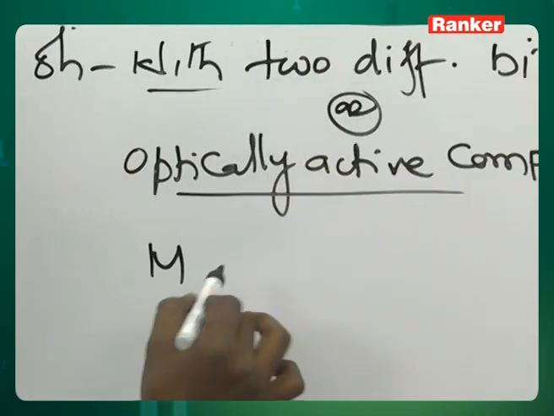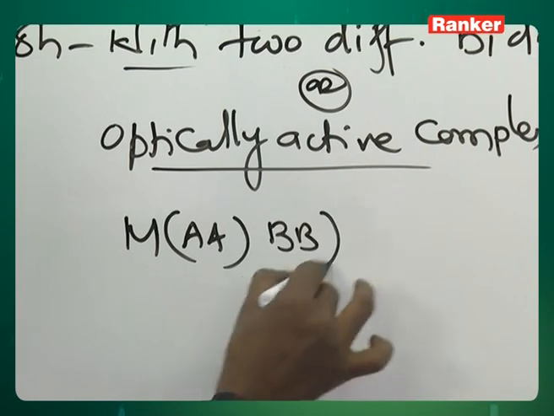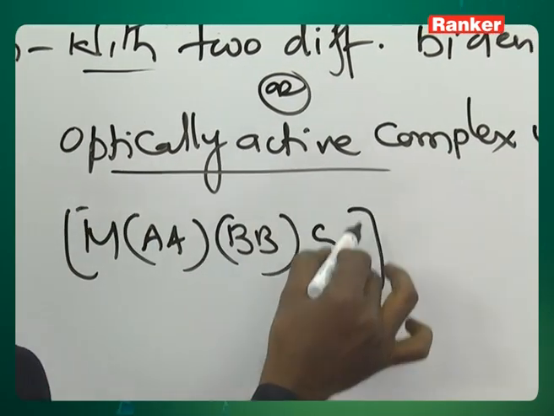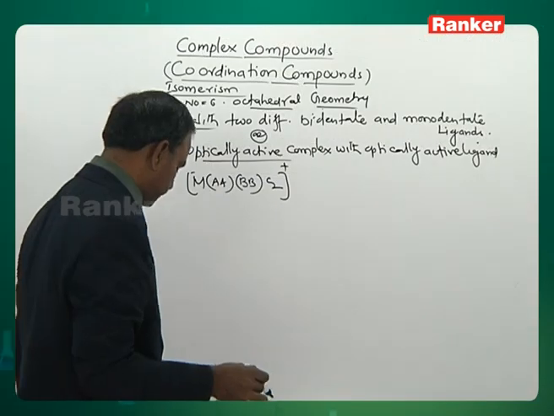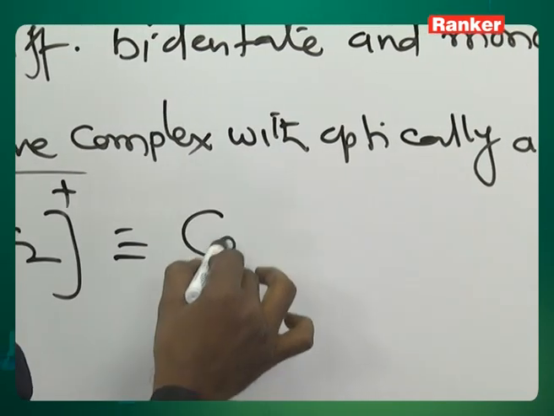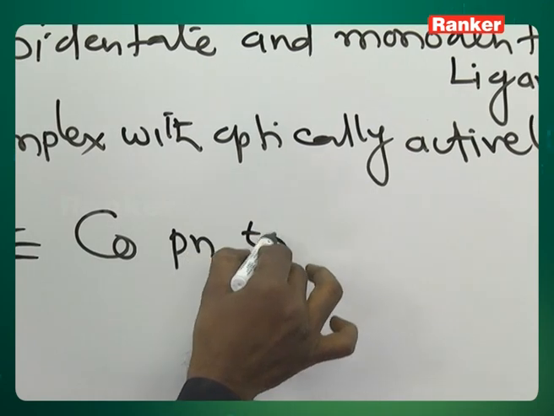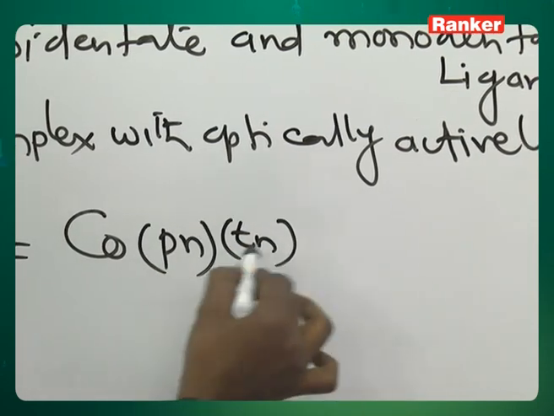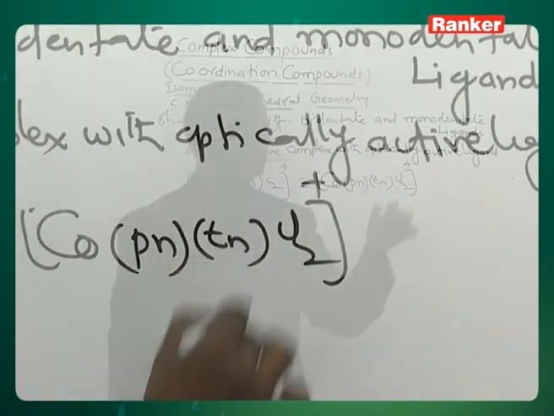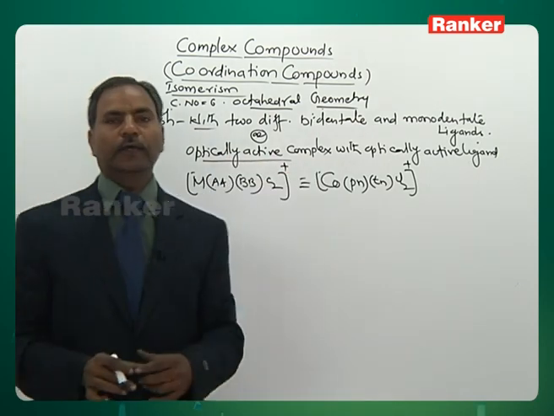What is said? Two different bidentates. Take one is AA, two different bidentates, and let us write: Co, one I write pn, one I write tn, then Cl2 plus. See, optically active complex with optically active ligand.